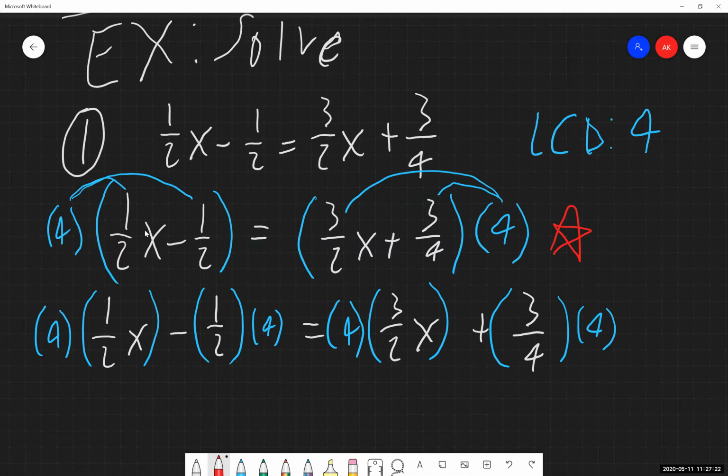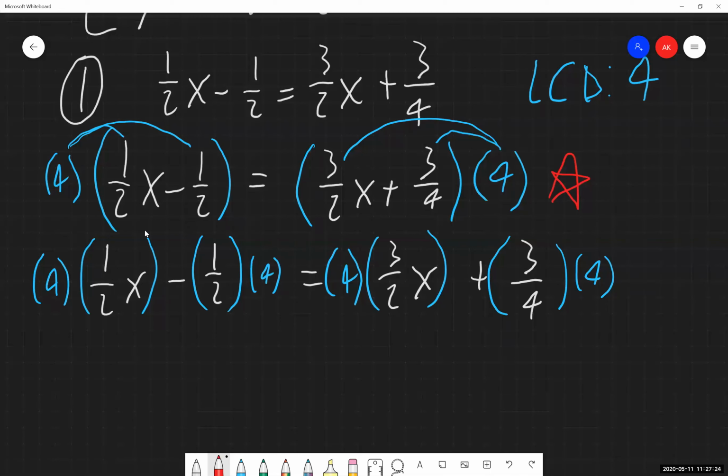So the starred line that we have here is optional. But our third line, the double stars, you absolutely must do that step if you're going to eliminate fractions. If you do not do that step, you're going to lose a lot of points. I'm very, very strict on what partial credit I give in this section if we don't show our work on that front.